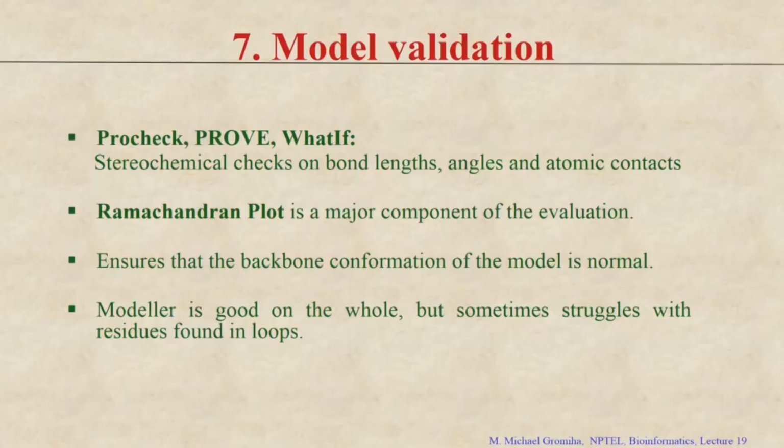For example, ProCheck or WHAT IF will check the stereochemical conformations, for example bond length, bond angle, torsion angles and atomic contacts, whether there are proper contacts between different amino acids or not. The second one is the Ramachandran plot, which is also one of the major components for evaluating your structure, whether the structure is mainly in the allowed region or not.